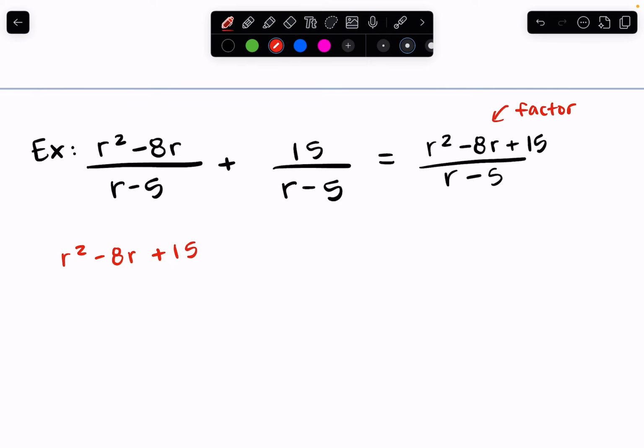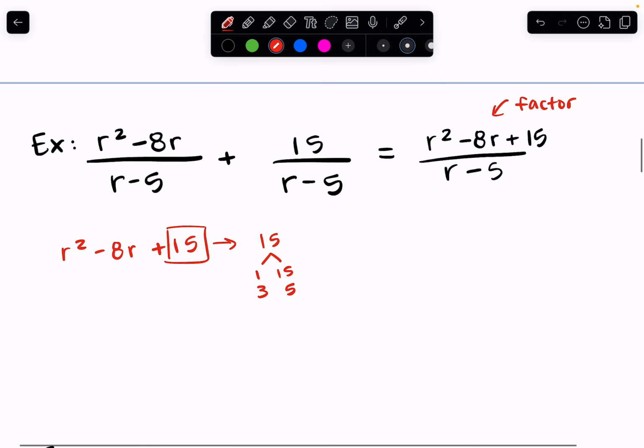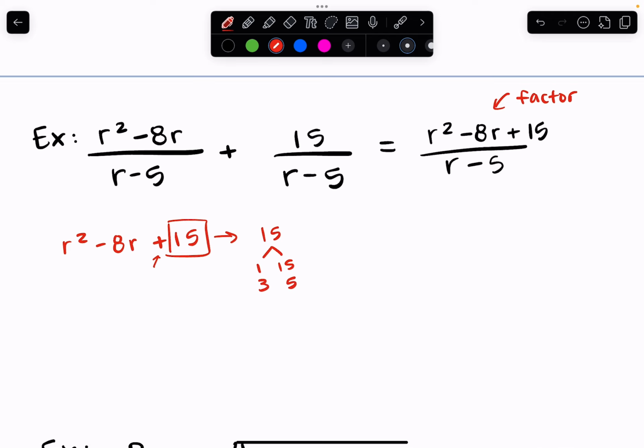We have a trinomial. You want to find your factors of 15: 1 times 15, 2 times, nope, you can't do 2, 3 times 5. You want to see which one is going to add to give you a negative 8.